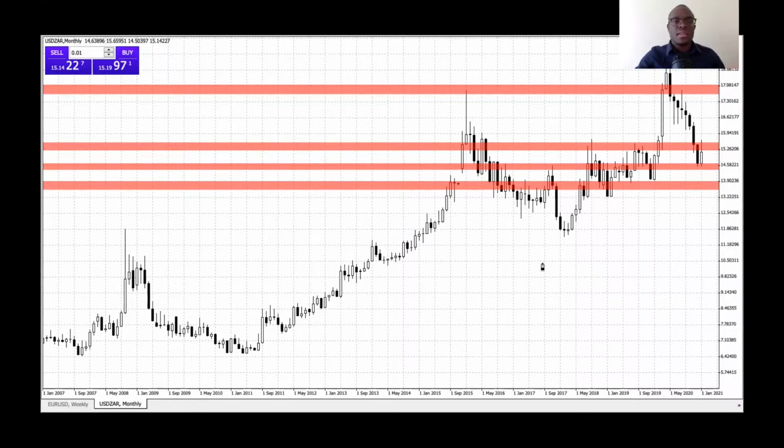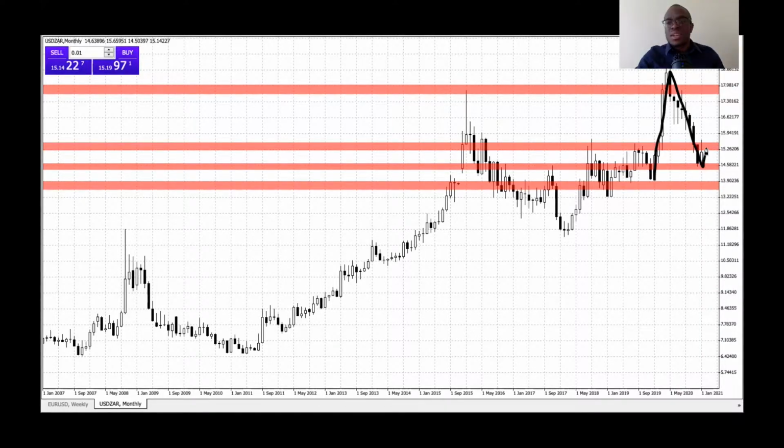We can say the case is more compelling for bullish movements on the monthly time frame, but there is also a case for the bearish movement. The price came and broke the 15.26206 zone, and upon retest this zone unfortunately didn't hold as a support zone, so it was broken.